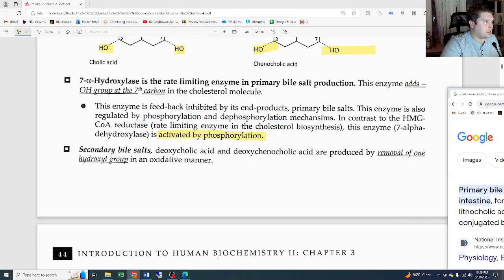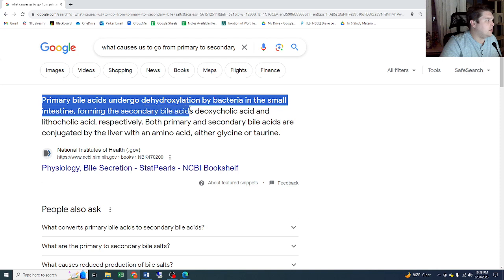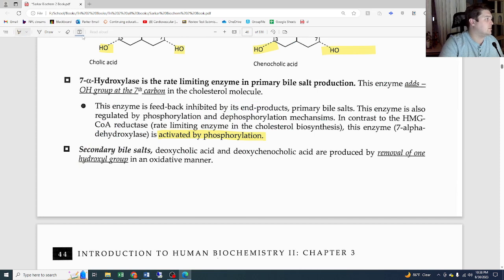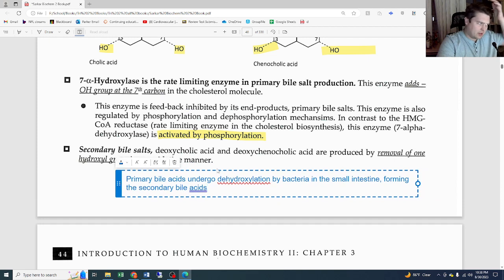It's the same thing as the quinocholic acid. That's how we get the secondary bile salts. It's due to the bacteria in the small intestine. That just helps make more sense in my brain.